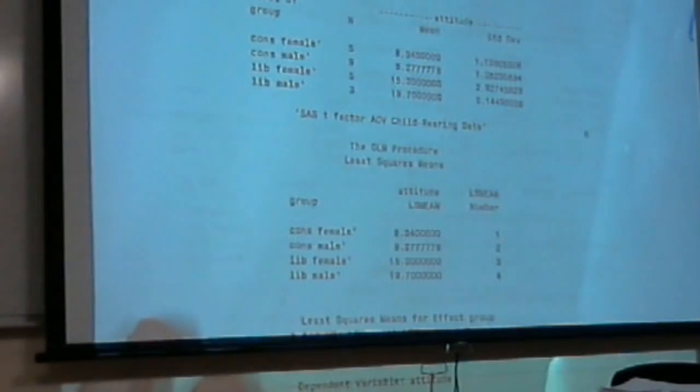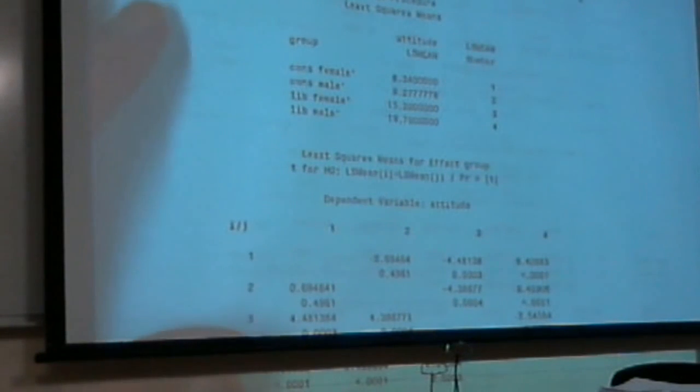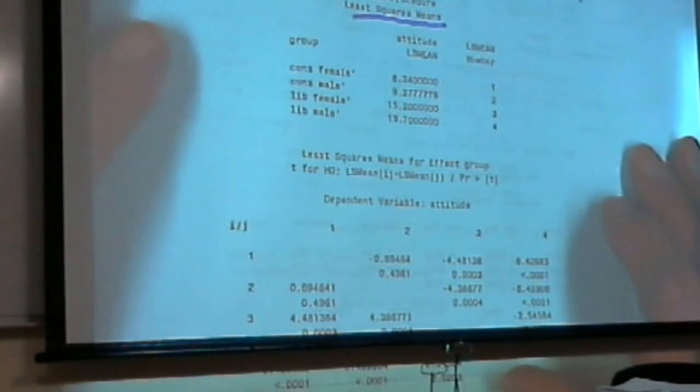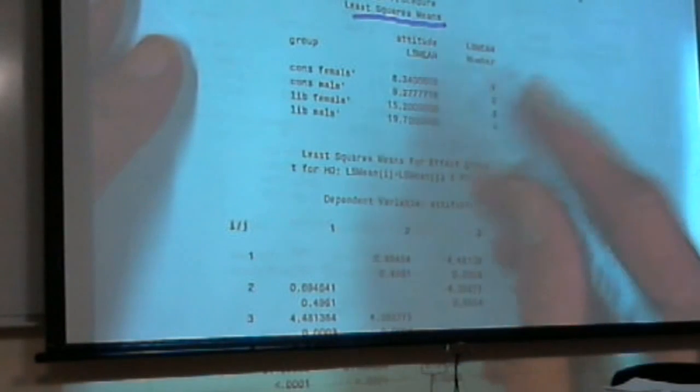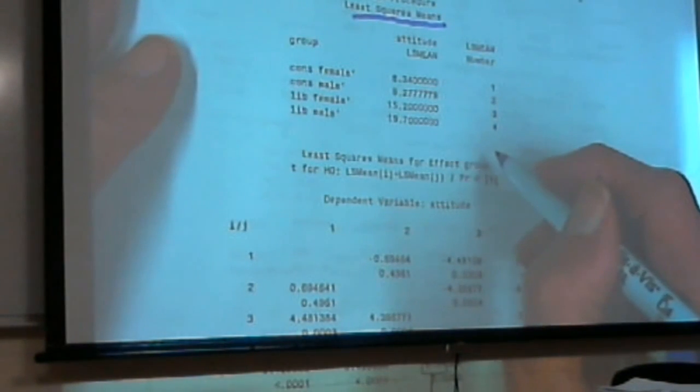So that produced the next output. So from least squares means, it gives us the means and the reference number.